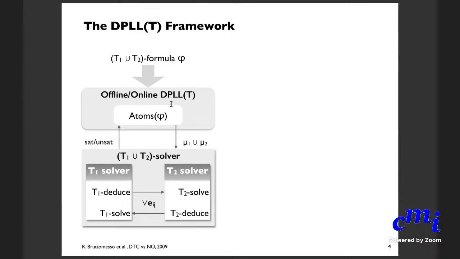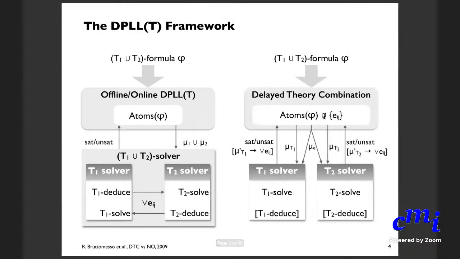With bells and whistles, CDCL, or rather DPLL, let me say CDCL. But it uses the theory solvers as black boxes. A better approach is a little bit more tightly integrated one.